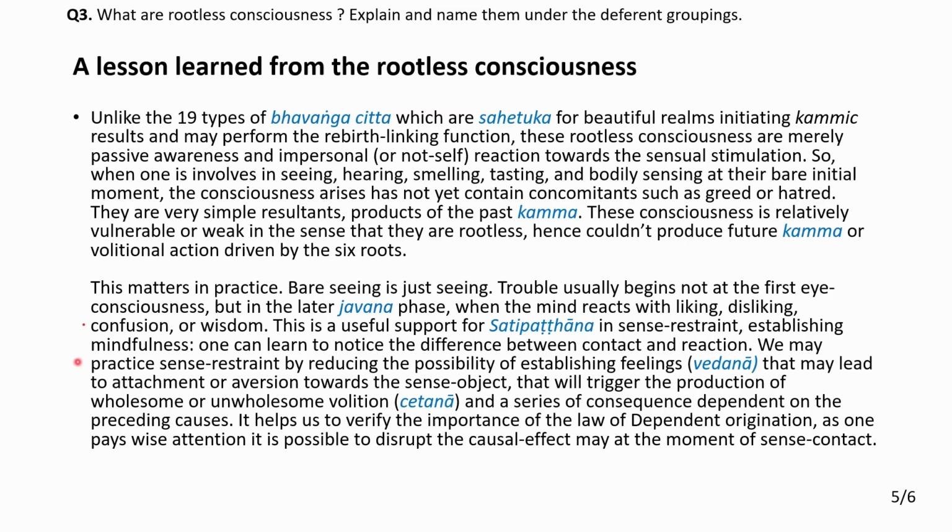We may practice sense restraint by reducing the possibility of establishing feelings that may lead to attachment or aversion towards the sense object, which will trigger the production of wholesome or unwholesome volition, and a series of consequences dependent on the preceding causes. It helps us to verify the importance of the law of dependent origination. As one pays wise attention, it is possible to disrupt the causal effect that may happen at the moment of sense contact.